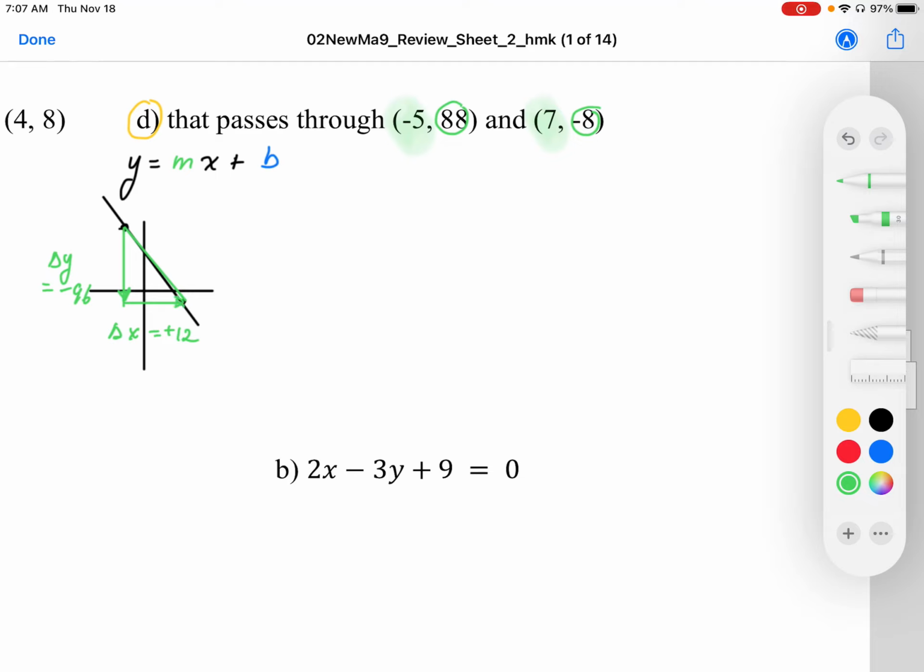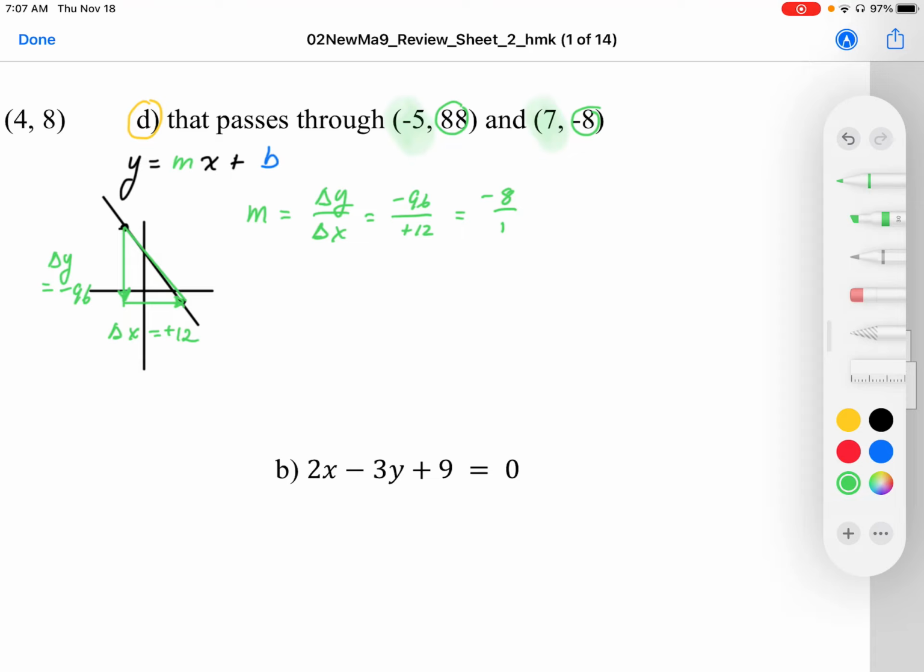So from left to right, I've gone to the right plus 12. This allows me to calculate my slope value. So I end up with negative 96 divided by positive 12, and that gives me a slope value of negative 8 to 1, or we can just write it as negative 8.